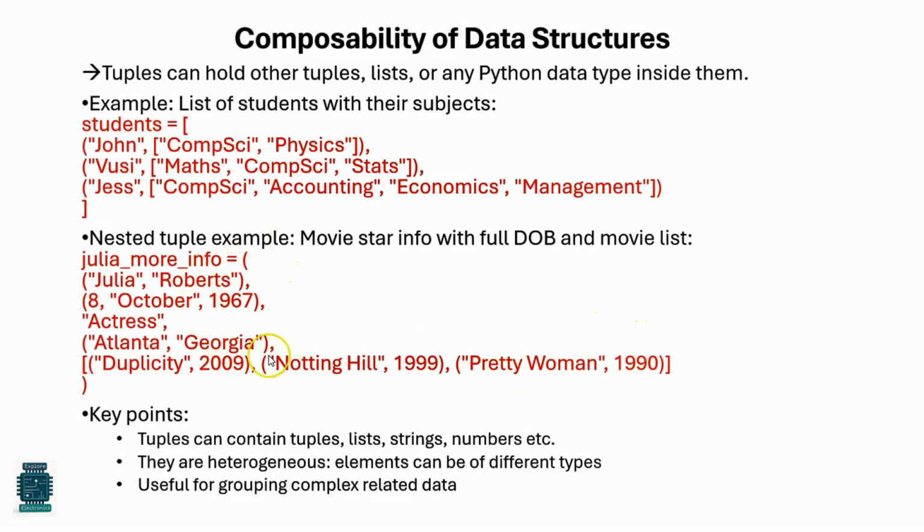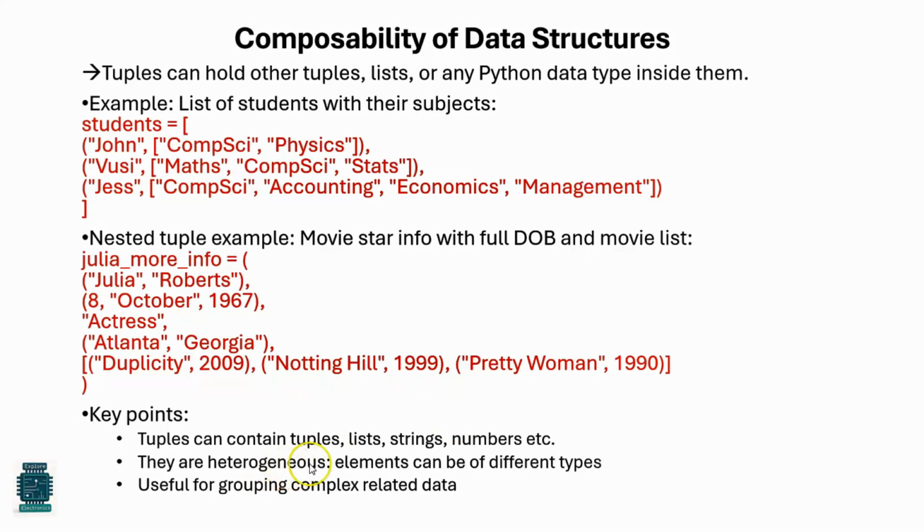These are all the details, the data of Julia Roberts, which is the best example of a nested tuple. I think you are very clear with it. Here, tuples can contain tuples, lists, strings and numbers, etc. Tuples can contain any type of data in Python.